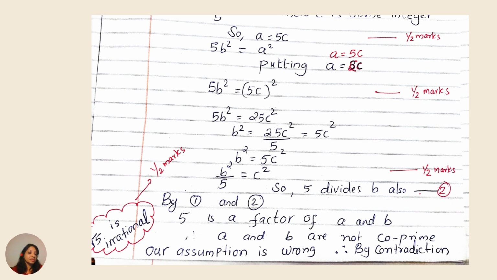Then square both sides, and you will get b square by 5 equals c square. Then 5 divides b, and by the first and second equations, 5 is a factor of a and b, and a and b are not co-prime, so there is a contradiction. Our assumption is wrong, and so root 5 is an irrational number.